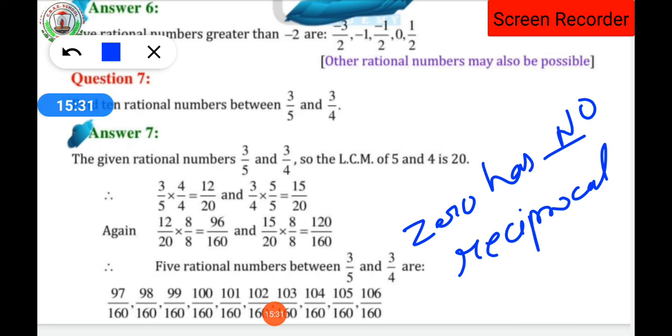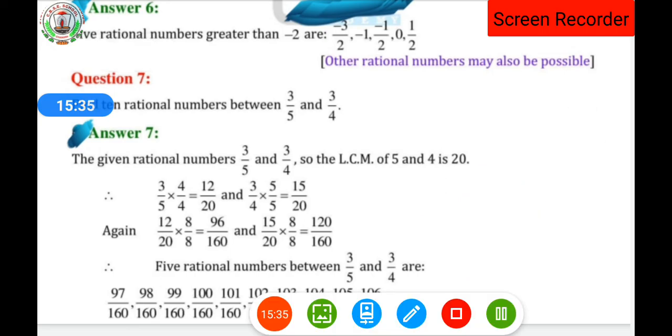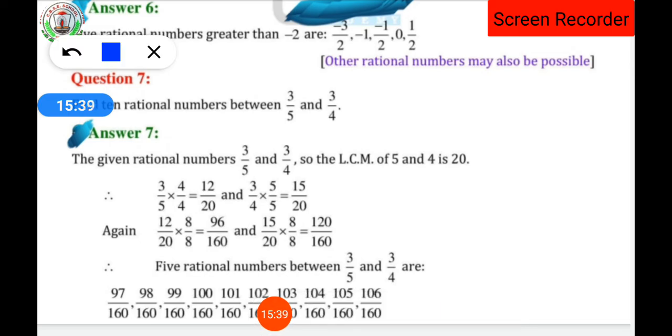So prepare these fill ups, as in yesterday's video we saw some fill up questions, like which numbers have the same reciprocal: dash and dash are the numbers having the same reciprocal, that is -1 and +1. This is one question given in the fill ups, isn't it?